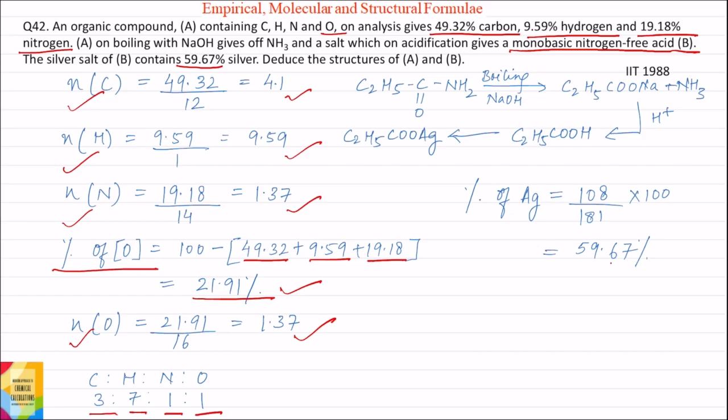Usually amides, whose general formula is RCONH2, with CONH2 being the amide group, when boiled with NaOH will give the sodium salt of the acid, that is RCOONa, plus ammonia.